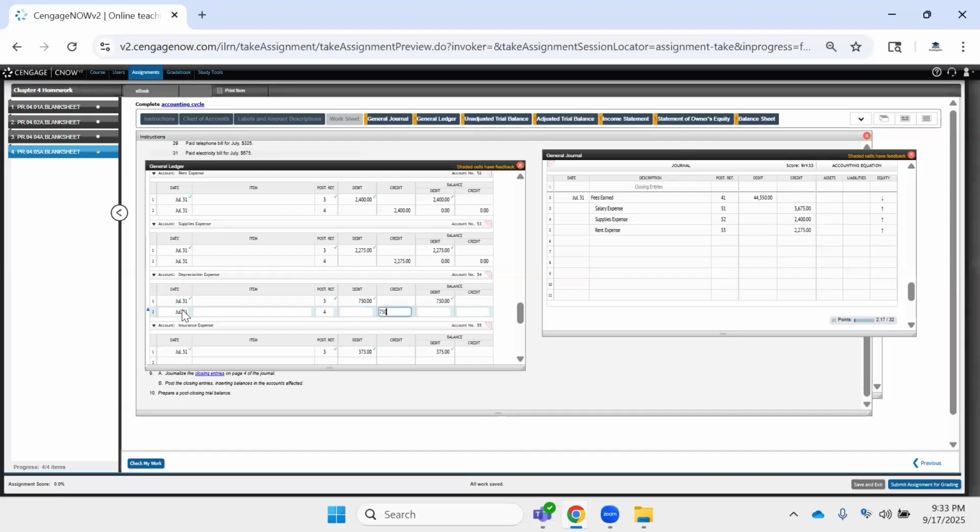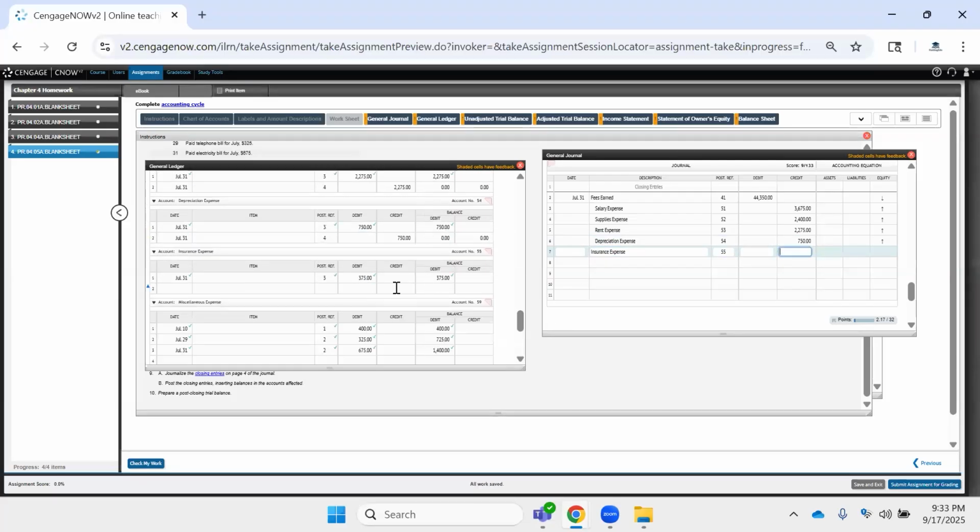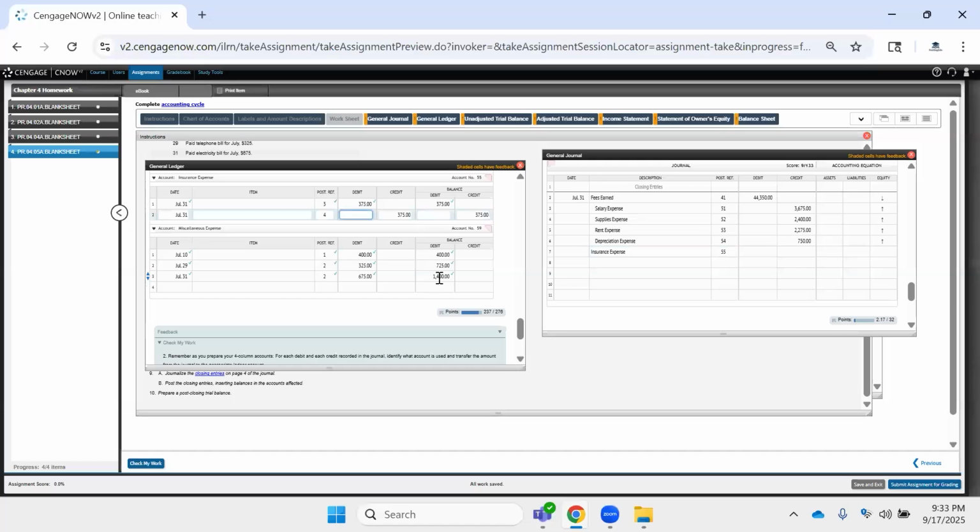Then we have our depreciation expense, and our insurance expense, and then our miscellaneous expense.